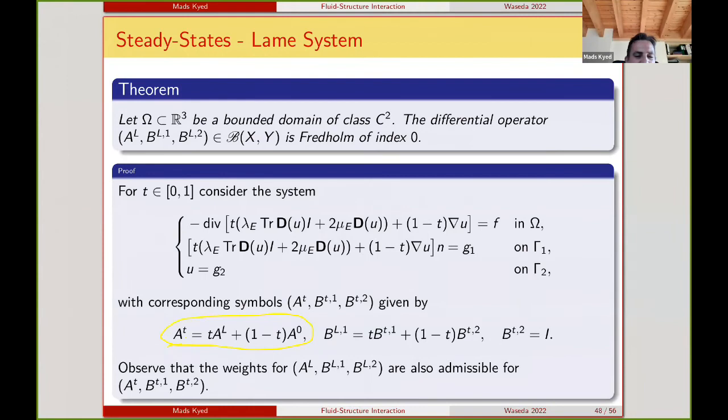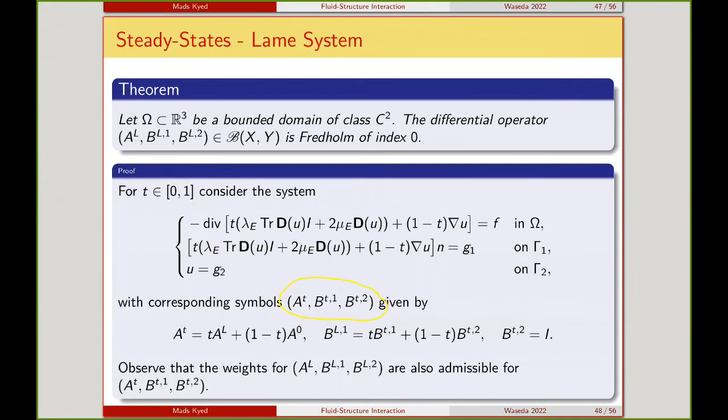Right, because if I define a path like this, for each t I get an operator A_t, B_t1 and B_t2. And when t is equal to 0, this operator is A_0, B_01, B_02, and when t is equal to 1, this operator is A_1, B. This is my Lamé operator with corresponding boundary operators.